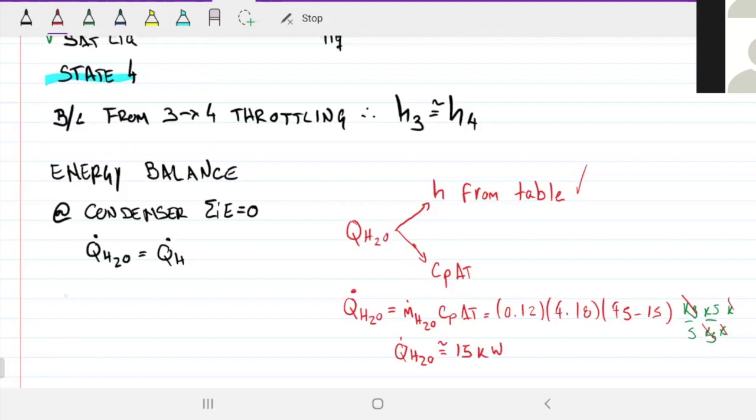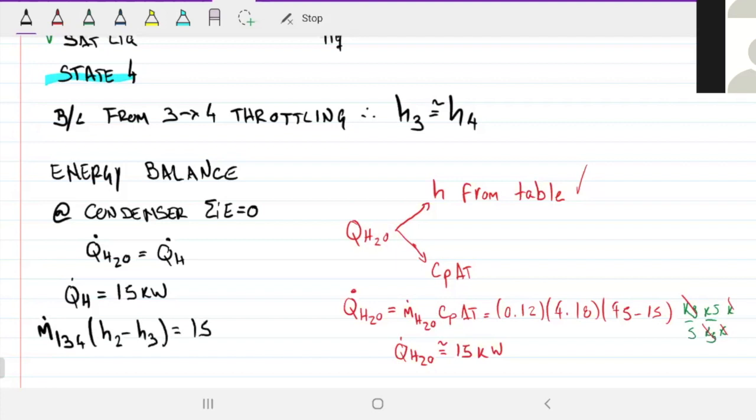Which means my QH, going back to this, my QH, hot, has to be about 15 kilowatts. That means the mass flow rate of refrigerant times the difference in enthalpy when I went from state 2 to state 3, h2 minus h3, has to be equal to 15 kilowatts.